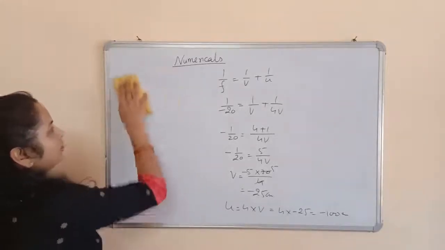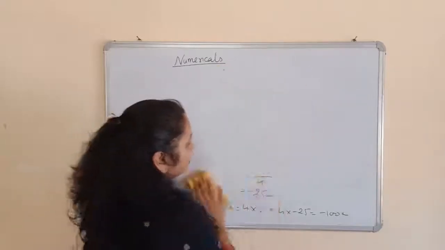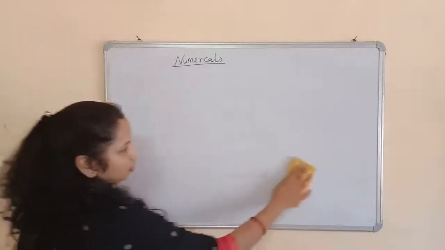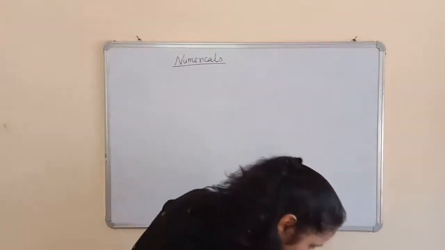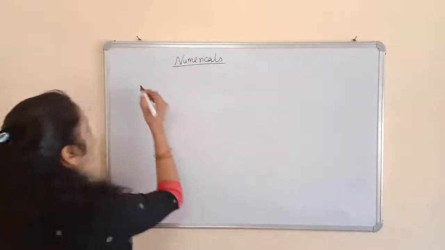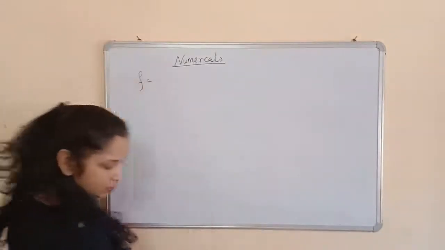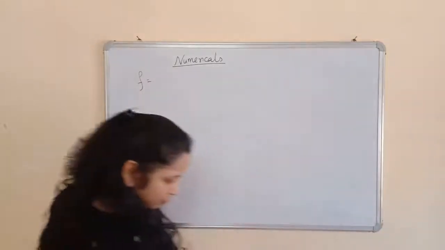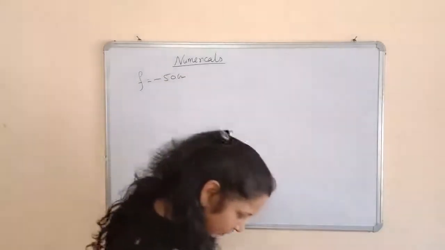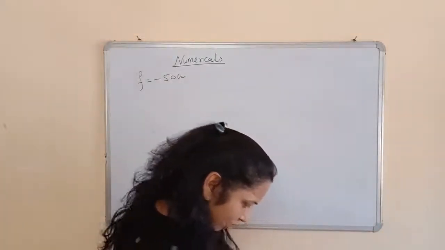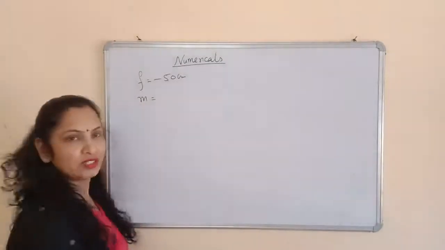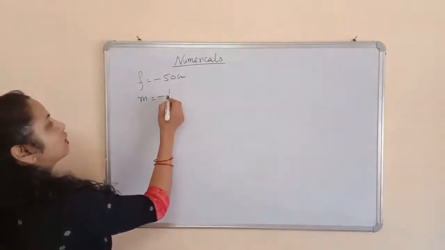Now question number 27. It is a somewhat hard question, you can say. When an object is placed at a distance of 50 cm from a concave mirror, the magnification produced is minus 1/2.